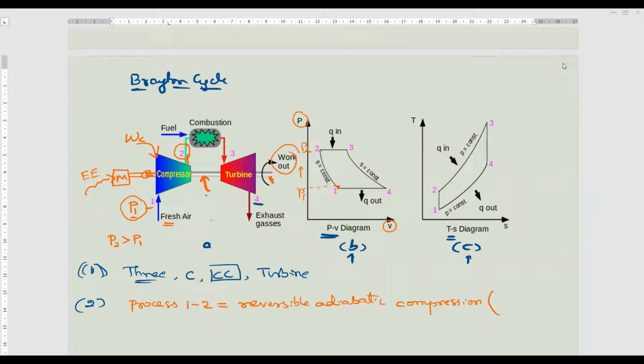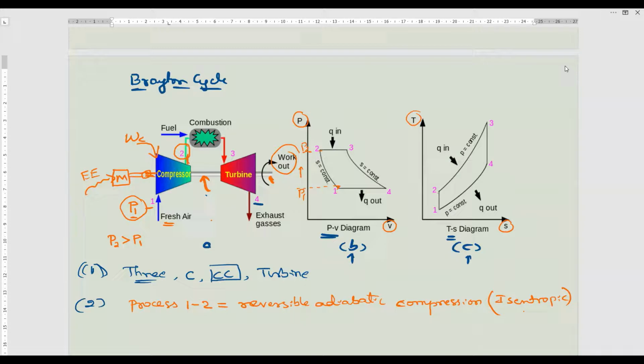Anybody please unmute yourself and tell me. Isentropic. Very good. So reversible adiabatic compression is the same as isentropic. Isentropic means entropy remains constant.